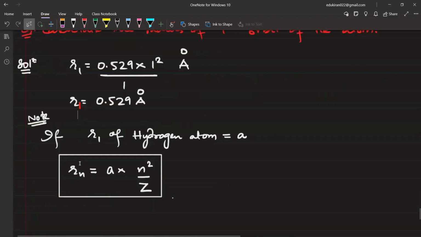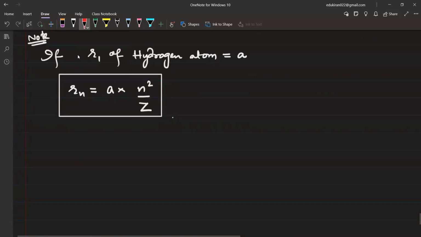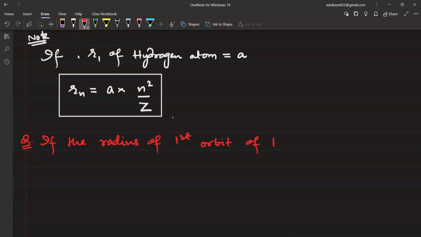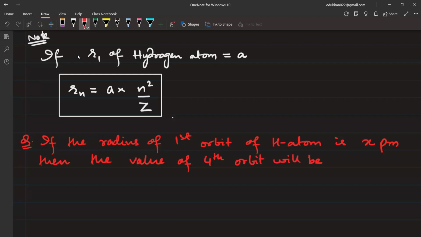एक सवाल करिए. If the radius of first orbit of hydrogen atom is x pm, कितना? x picometer, then the value of fourth orbit will be, you have some options.